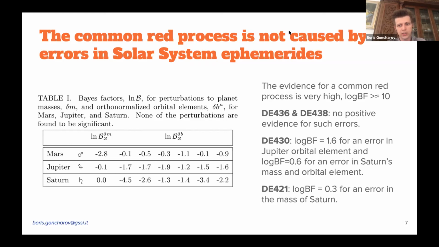And the evidence is very small. There is some positive evidence for older ephemerides, but the evidence for the common red process is much stronger. So it cannot be caused by the errors in the solar system ephemerides.